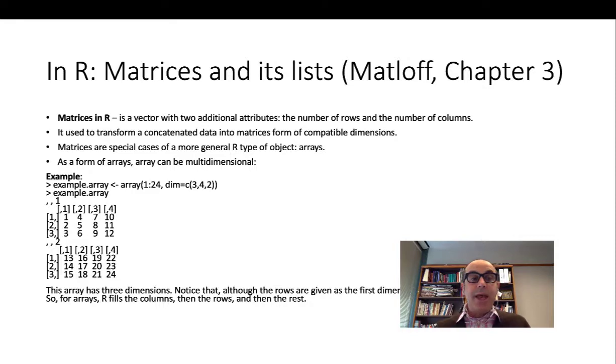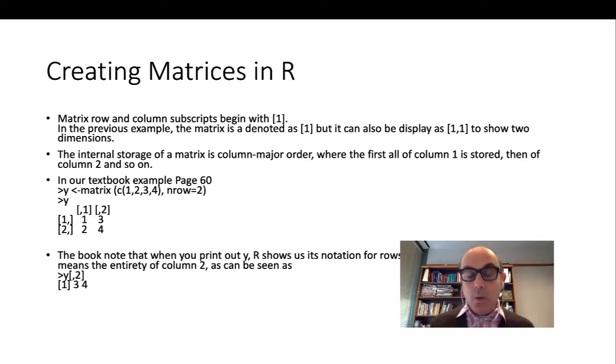So this is an example of array, and we talked about that last time. But when we are creating it in R, we are talking about how the matrix rows and columns can be displayed or can be generated in order for us to understand the data better.